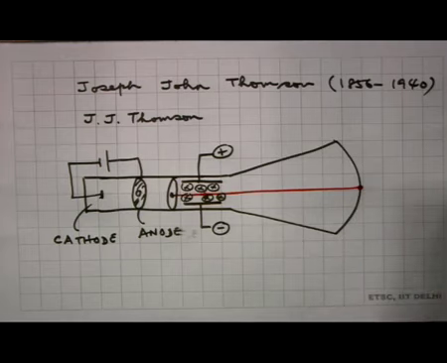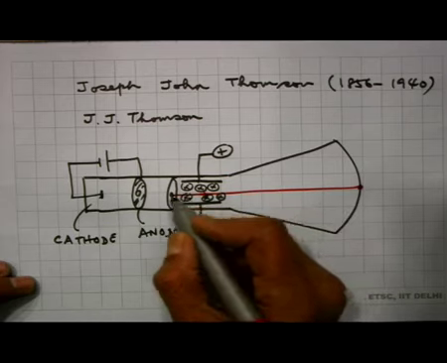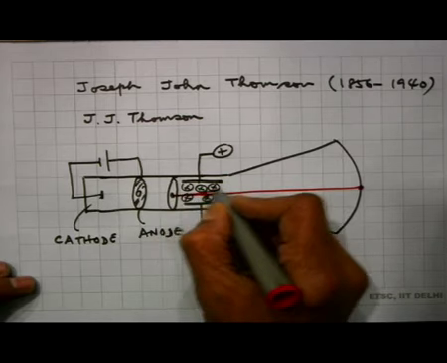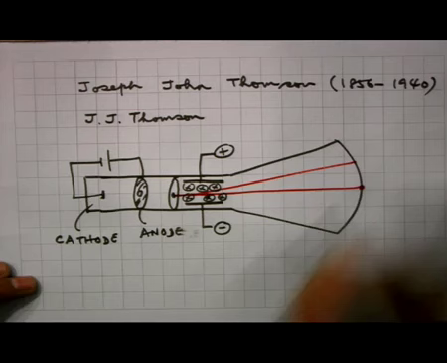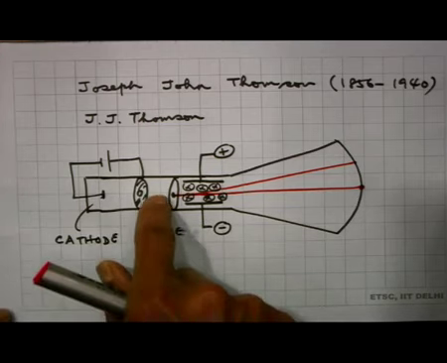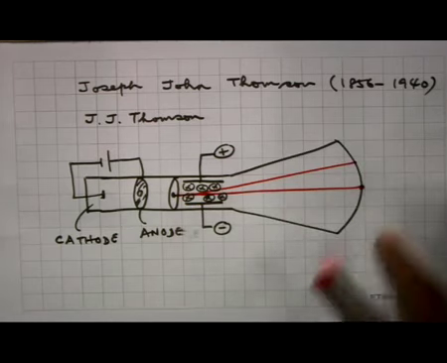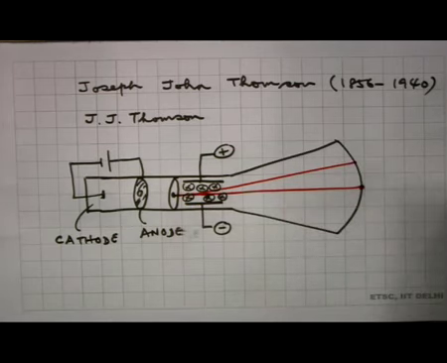If you apply an electric field, then because the electrons are negatively charged, the electrons will move like this and hit some other point here. So in the presence of an electric field only, you will see that the particles bend and hit another point on the exit end of the tube.